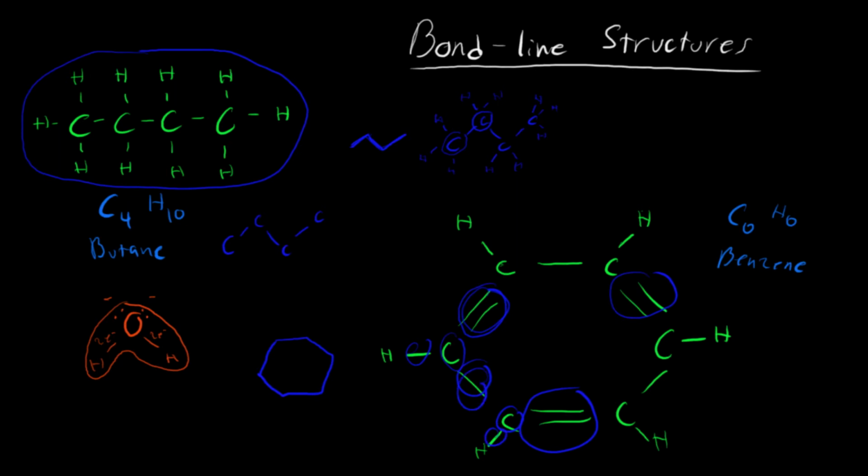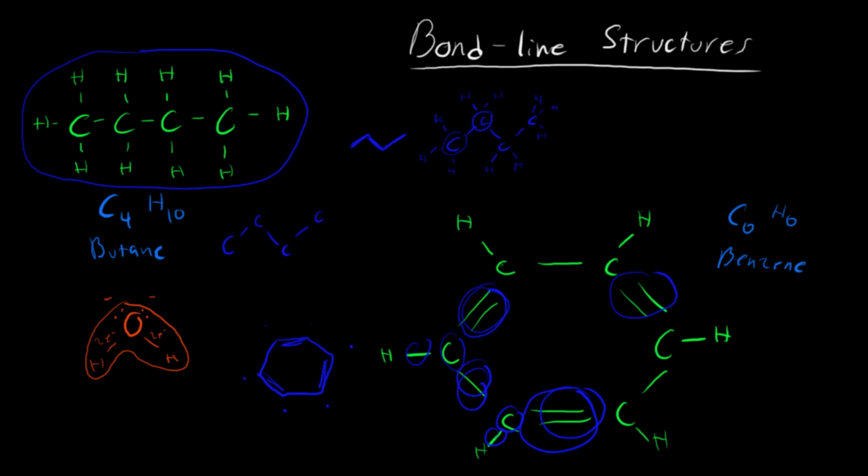So the way that we would write a double bond in a bond line structure is just simply the same exact way. We would just write those bonds, and since the hydrogen atoms are around the side, here, here, here, here, here, and here, we just don't write them. They're assumed to be there.